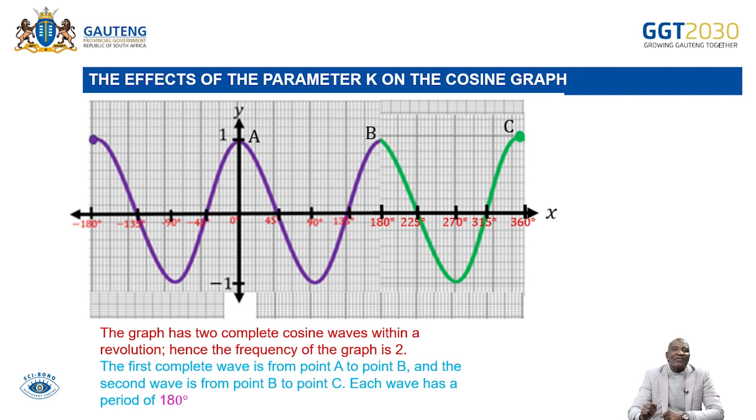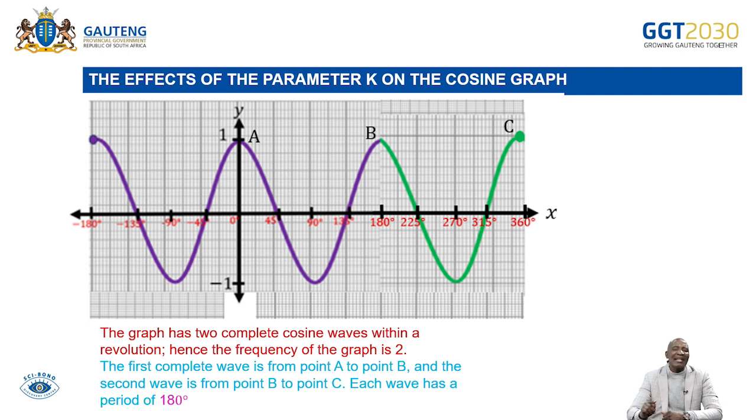The first wave is from A to point B, and the second wave is from point B to point C. And each wave has a period of 180 degrees, same as the sine wave after introducing that 2. That's another effect that we are seeing here on the cosine graph. There are 2 complete waves within a revolution.